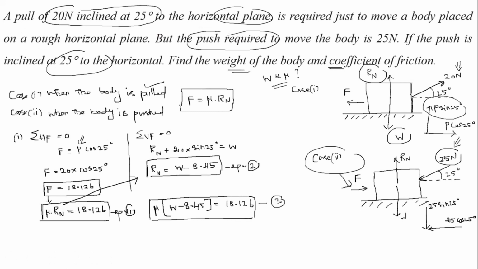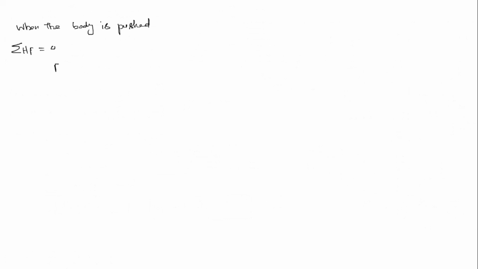Push and F, so F is equal to 25 cos 25 degree. We know that F is equal to mu into Rn, but this is the second case, that is why here Rn dash. So, instead of F, substitute mu into normal reaction Rn dash, which is equal to 25 cos 25, which is 22.657. So, this is one equation.